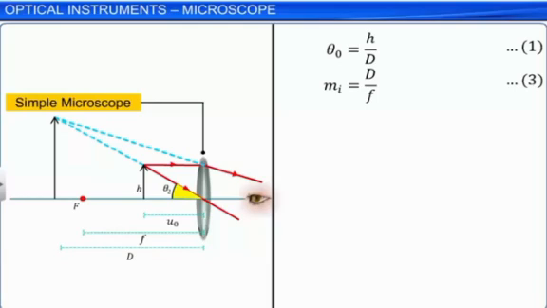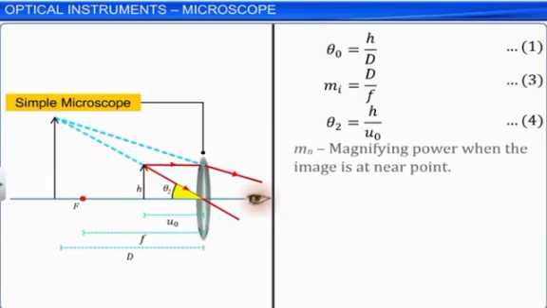If m_n is the angular magnification of the simple microscope when the image is formed at the near point, then m_n is equal to θ2 by θ0. On substituting the values of θ2 and θ0 from equations 4 and 1, and on further simplification, we get m_n is equal to D by u0. Let this be equation 5.